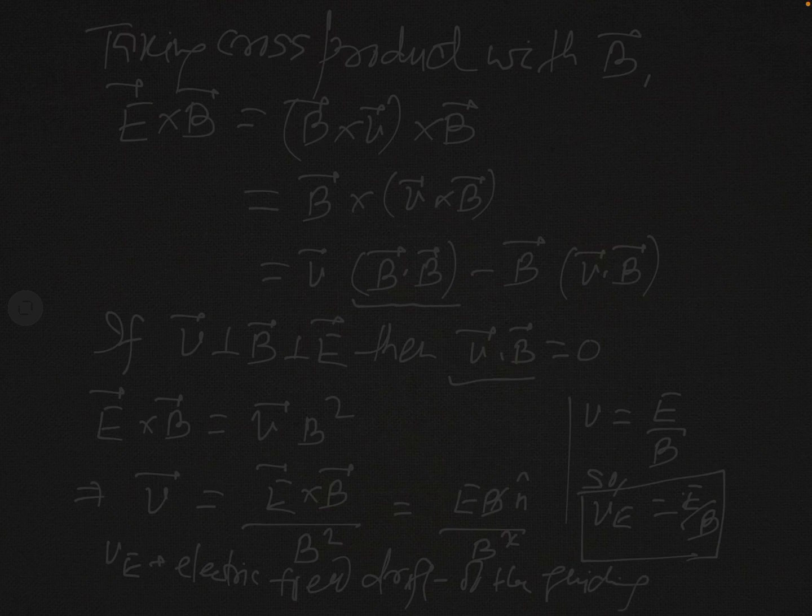So this is the difference. When the electric field was 0, there was no drift of the guiding center. The guiding center was fixed, and about that fixed guiding center the plasma particles were performing Larmor gyration.